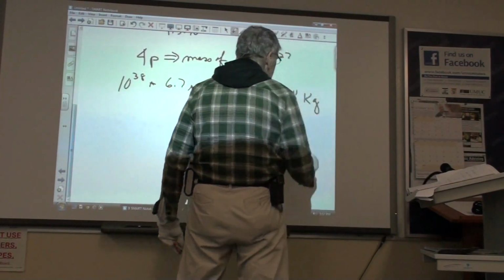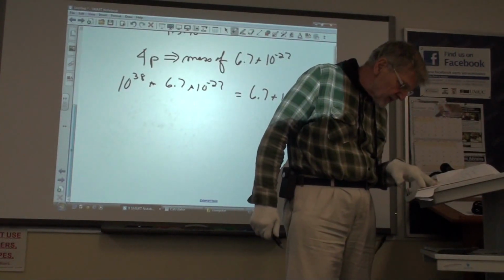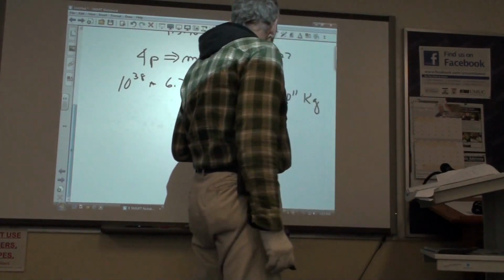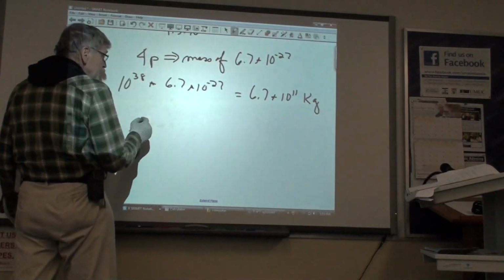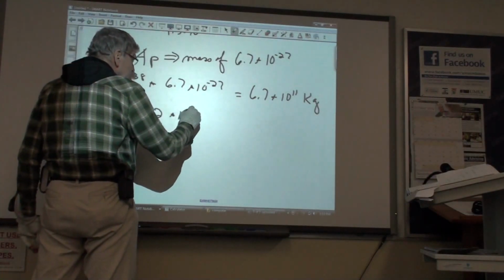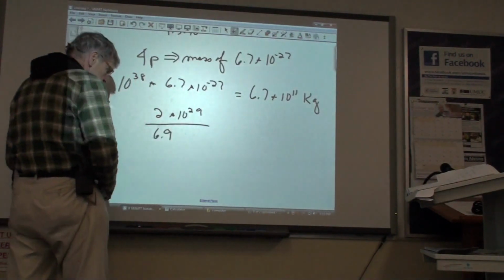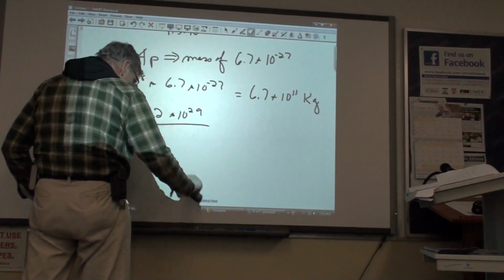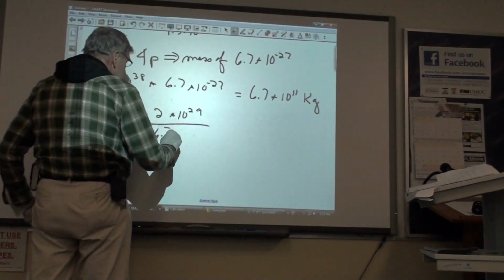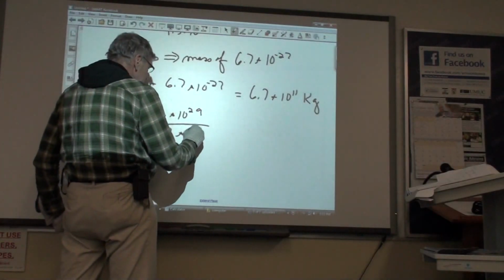Now, the amount of mass that's available is 10% of the sun's mass, which is 2 times 10 to the 29th, and this is the amount of mass that's consumed a second times 10 to the 11th.